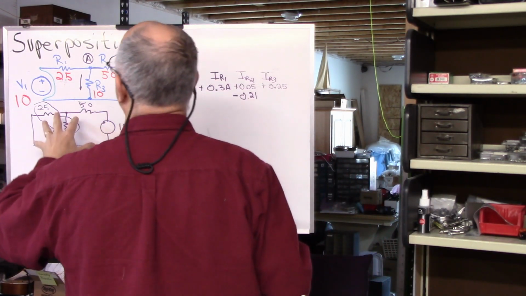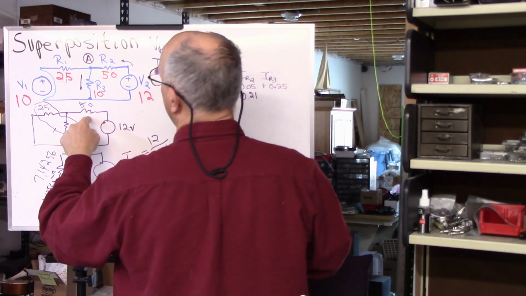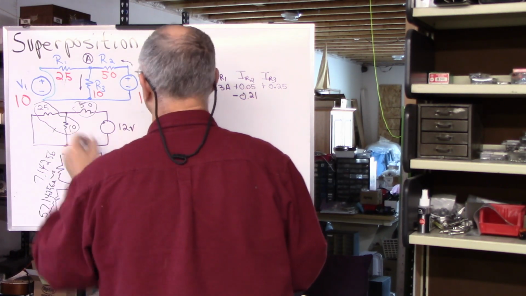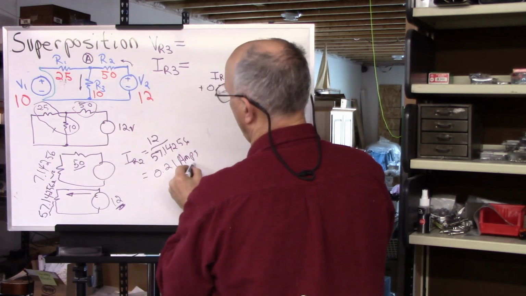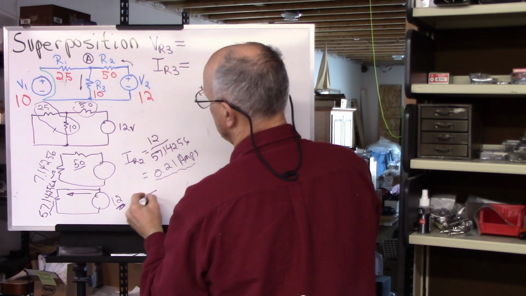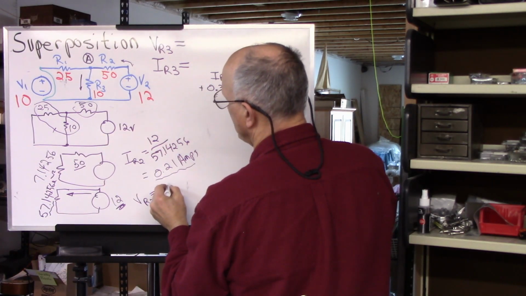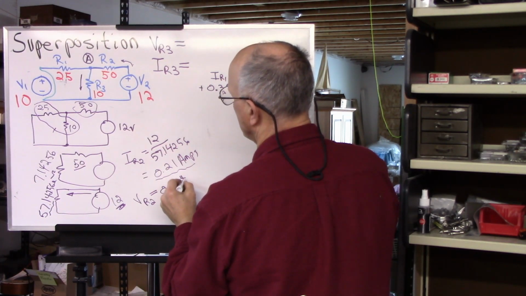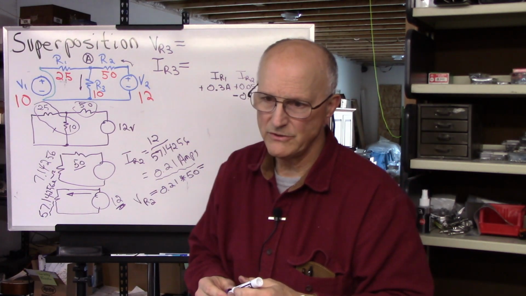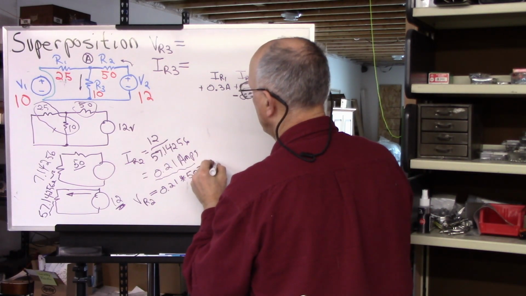Right, if that's 0.21 amps, and it is going through 50 ohms, what is the voltage across this? If we have 50 ohms and we have this current, the voltage across R2 is going to be equal to 0.21 amps times 50, and 0.21 amps times 50 gives us 10.5 volts.